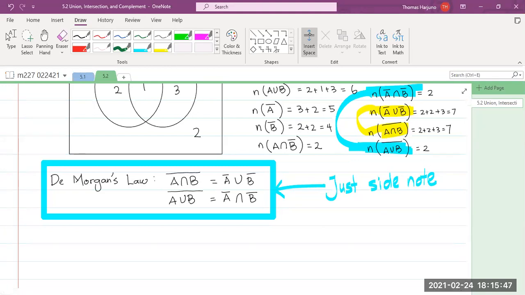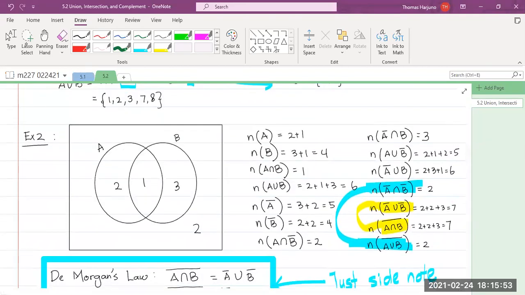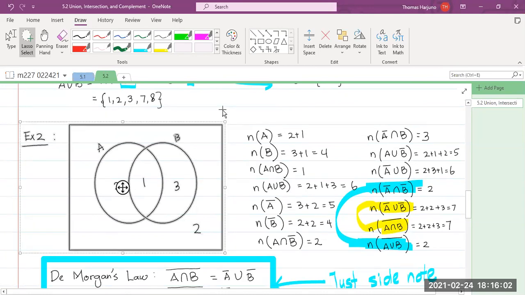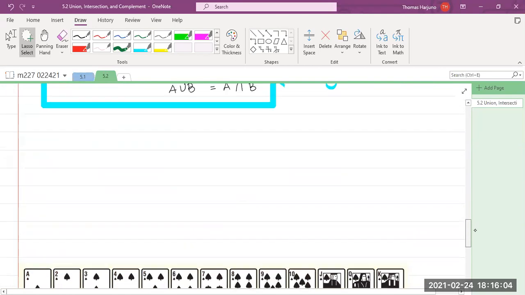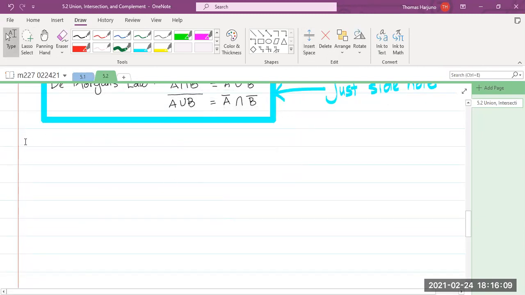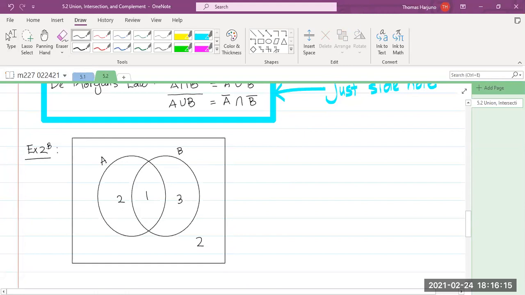Now, what I want to do next is go into the probability based on the numbers we did earlier. So I will quote this Venn diagram again. Call that example 2B. Okay, now this is what we will do.